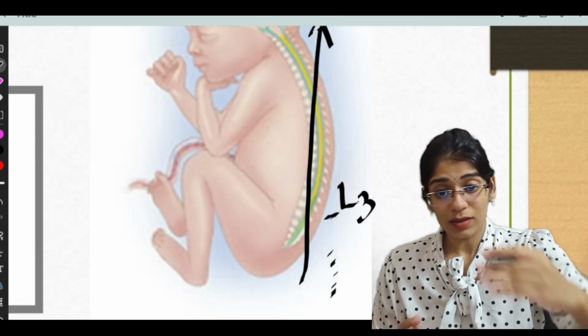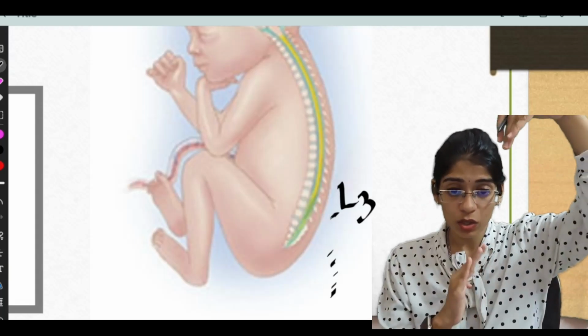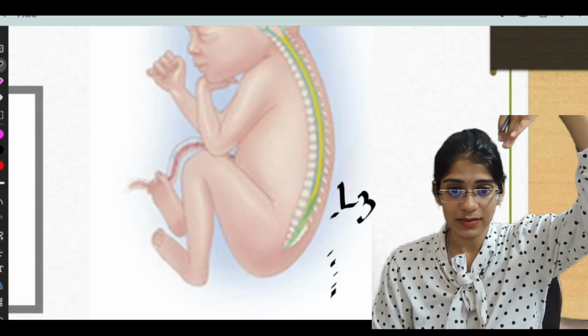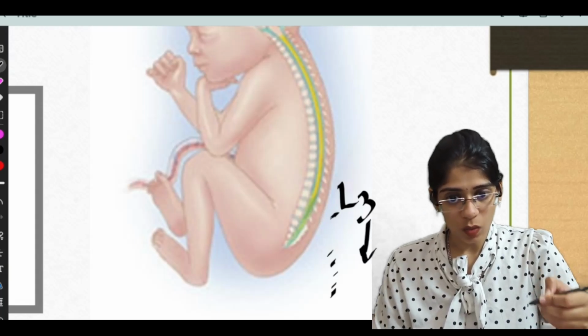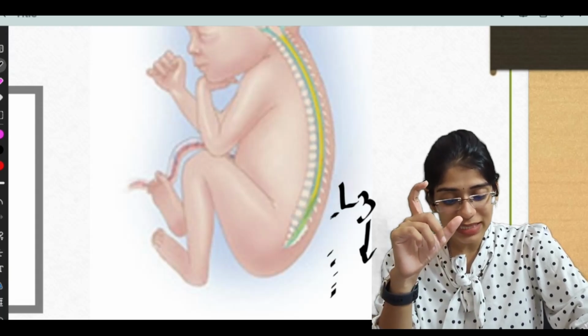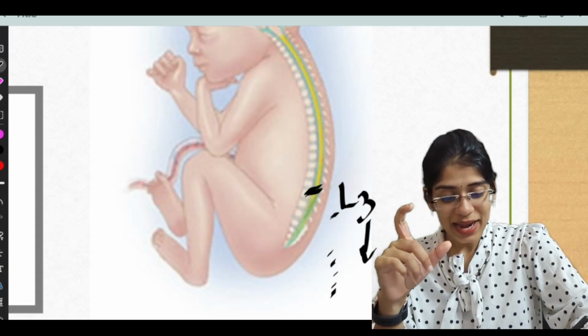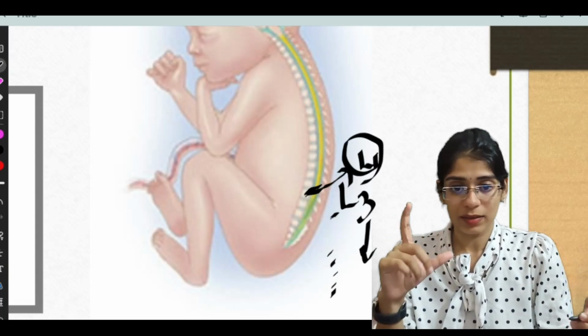So the height increases, but the spinal cord doesn't grow as the height increases. It stays where it is. So this L3 comes down, and the ending of the spinal cord still remains there, and this position in adults will be around L1.